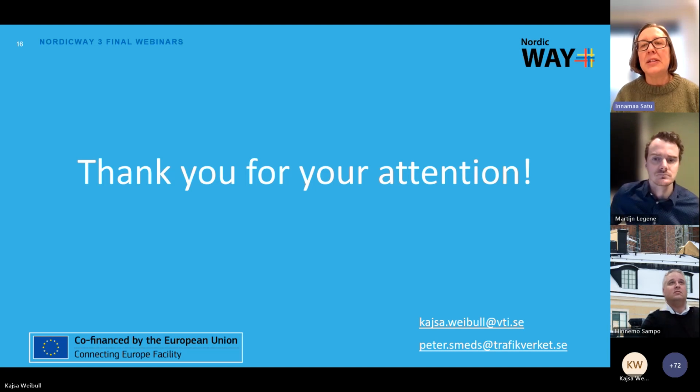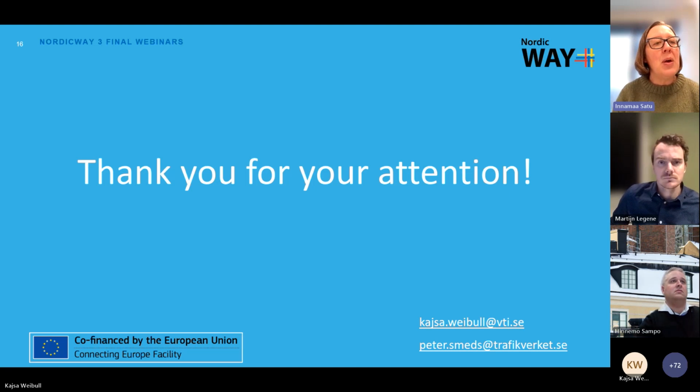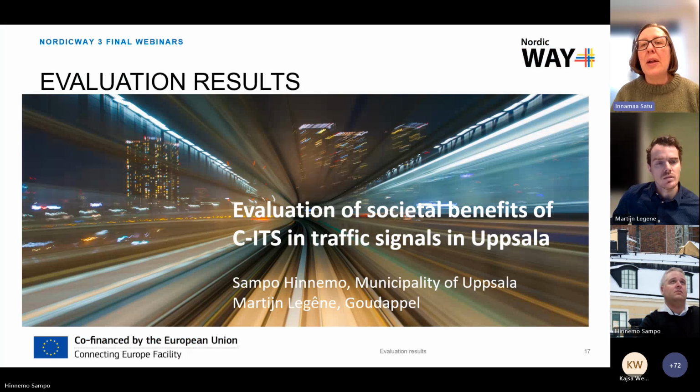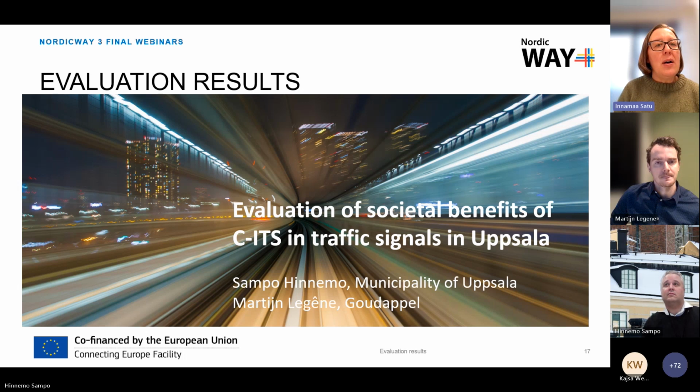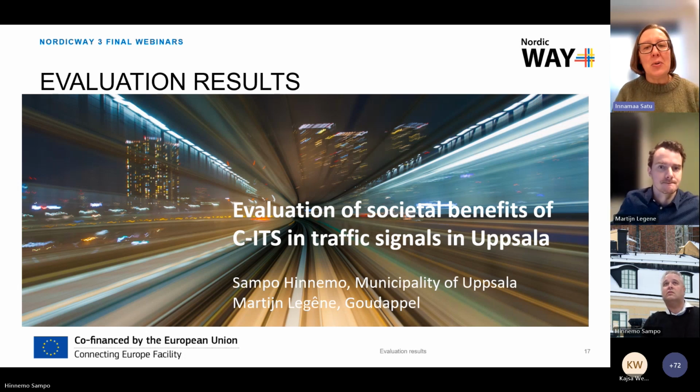And he applies system thinking to his work. And then in addition, we have Sampo Inemo, who's traffic planner at Uppsala municipality since 2006. And he has worked with public transport, infrastructure, traffic signals, and CITS. So now I see that you have the slides, and I hope that everything is working fine. So now the floor is yours.